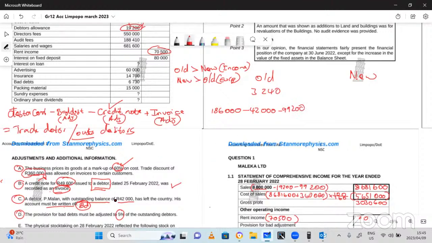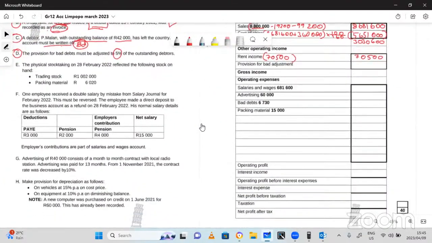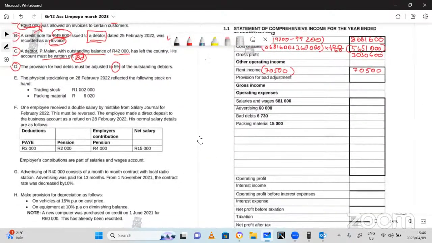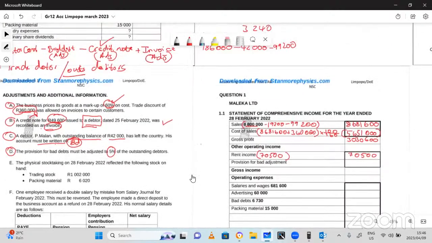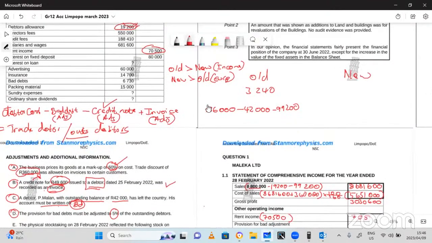If this was a normal sale, we wouldn't have done this, but because this is not just a normal return but a return by a debtor, I hope you note that, guys. So this is affecting the debtors as well. Then after doing this, there's no other transaction affecting our debtors. As we were reading through, we didn't see any. We saw wages, we saw depreciation, as well as share capital and dividends, but nothing about debtors. So we don't have to go through that again.